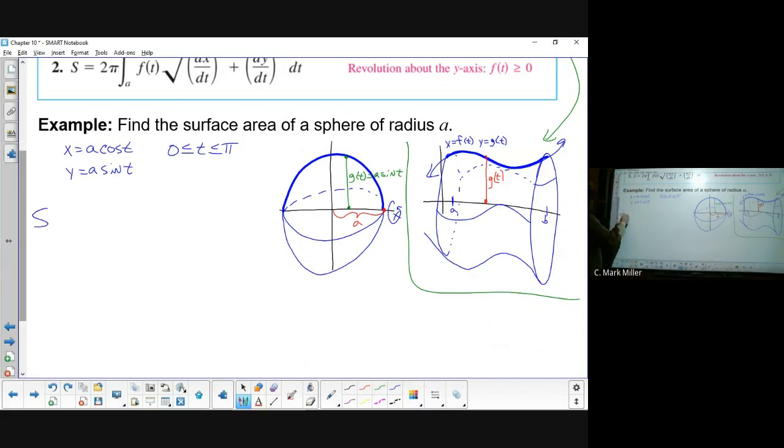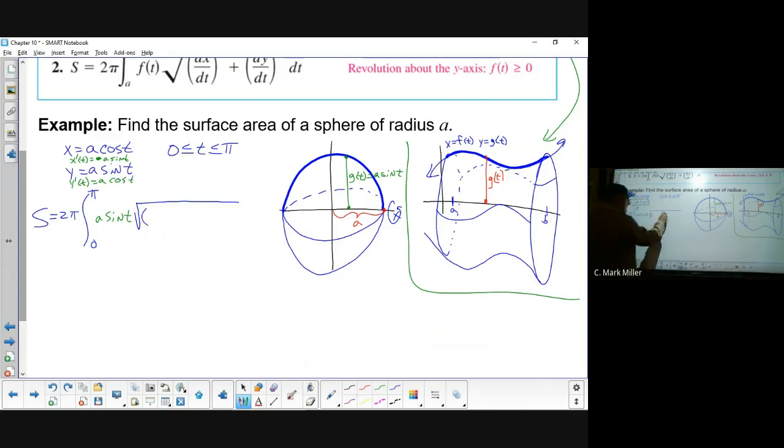S is 2 pi on the outside, integral 0 to pi, and then g of t, a sine t, square root. x prime of t is minus a sine t. y prime of t is a cosine t.